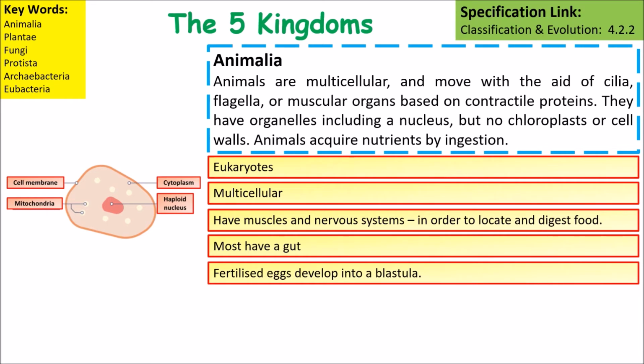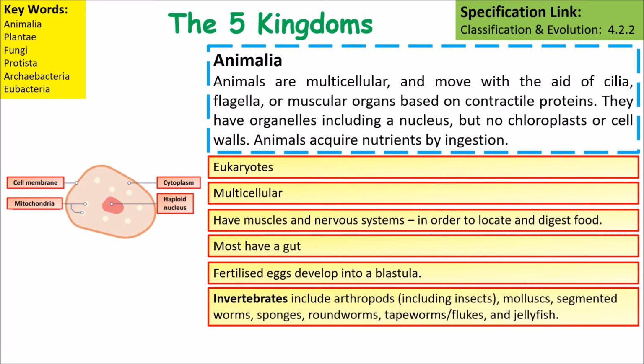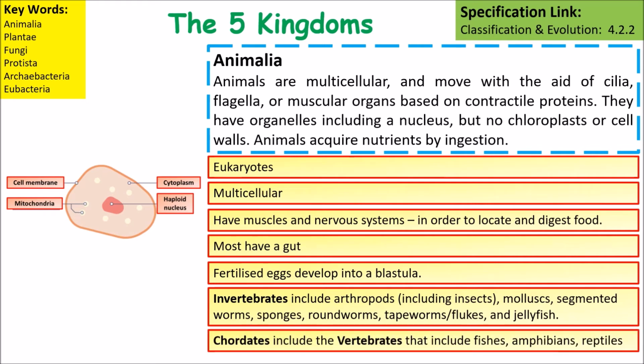They fertilise eggs to develop into a blastula. Invertebrates include arthropods, mollusks, segmented worms, etc. Chordates include the vertebrates, including fishes, amphibians and reptiles.